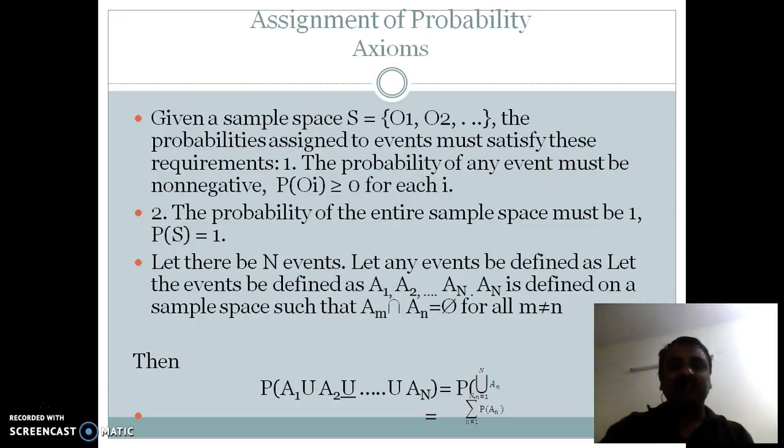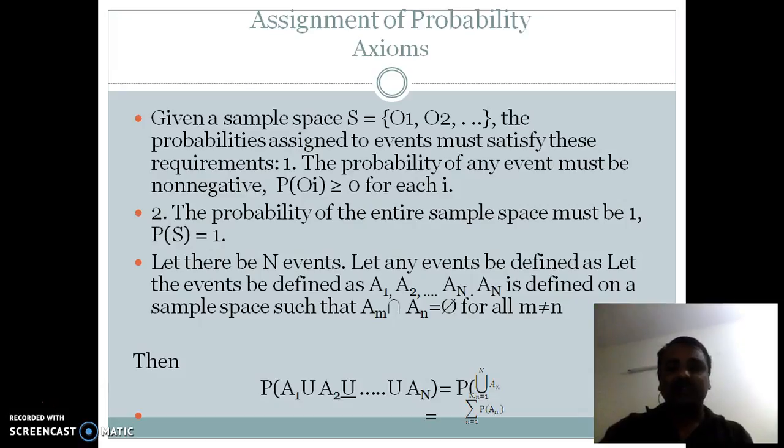Next, let's see assignment of probability. First, axioms. There are three axioms to be seen. Given a sample space S = {O1, O2, ...}, the probabilities assigned to events must satisfy the following requirements. 1.